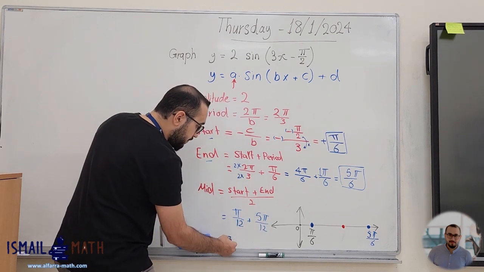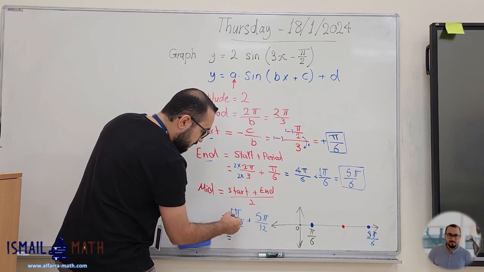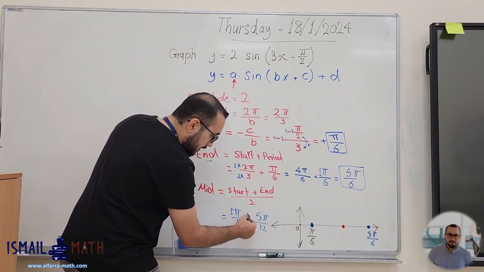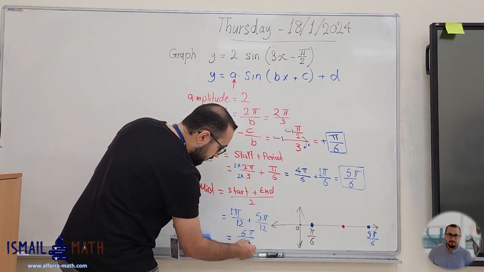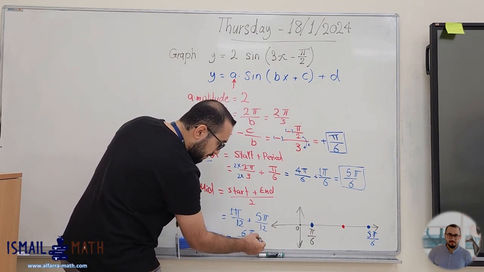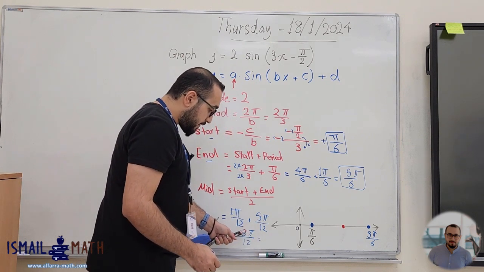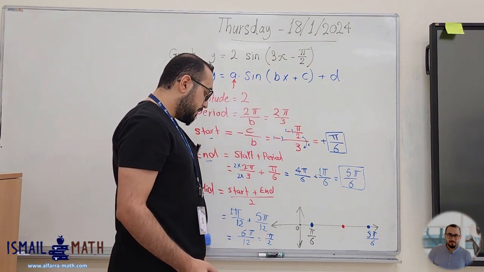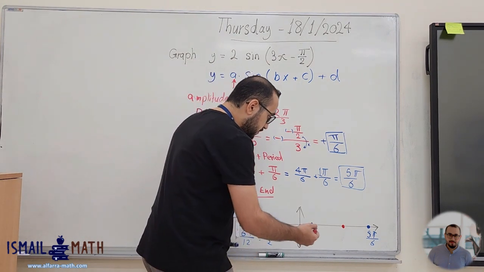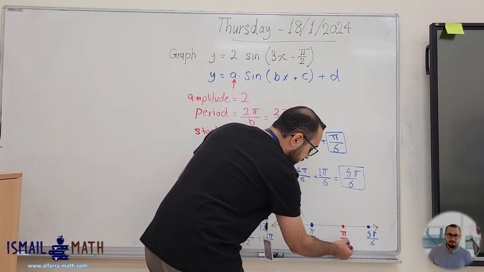Now 1 pi plus 5 pi is equal to 6 pi over 12. We can now simplify 6 over 12, dividing by 6, so it will be pi over 2. So the middle point will be pi over 2.